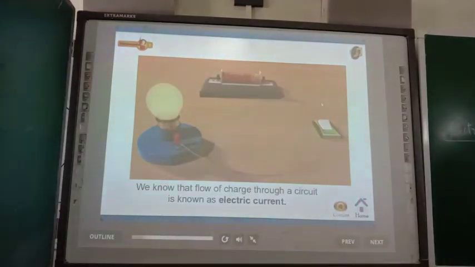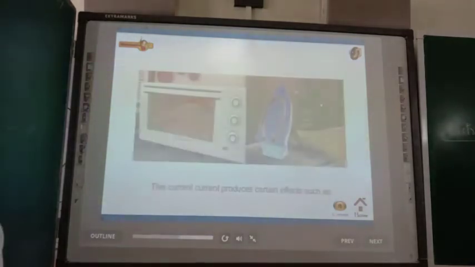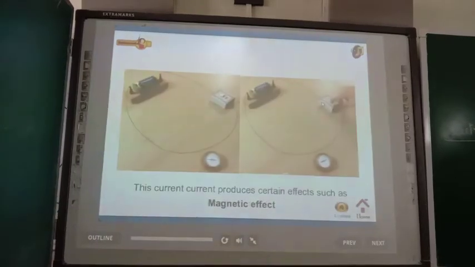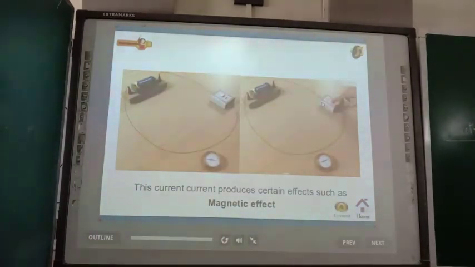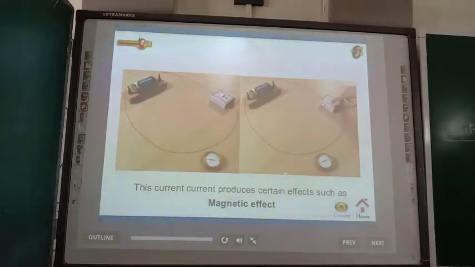We know that the flow of charge through a circuit is known as electric current. This current produces certain effects such as heating effects, magnetic effects, etc. So already I explained to you that it is producing 2 types of effect, that is heating effect and magnetic effect.